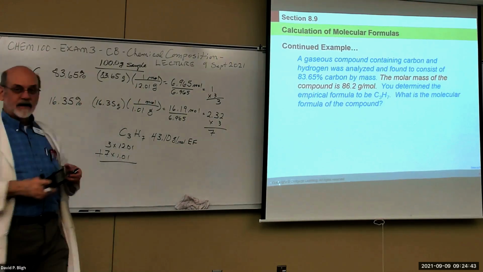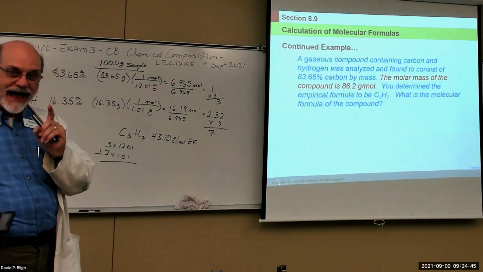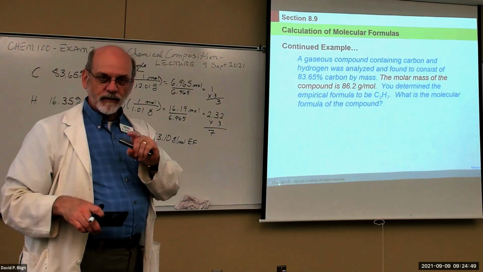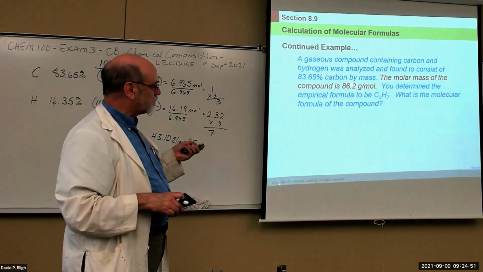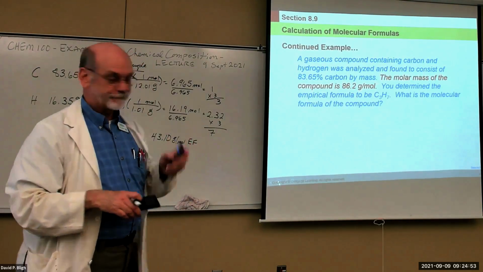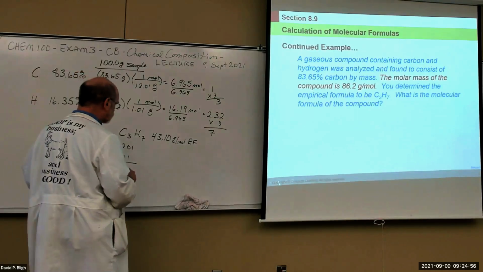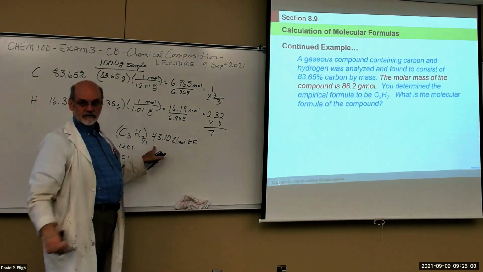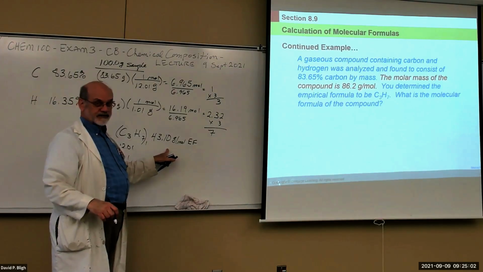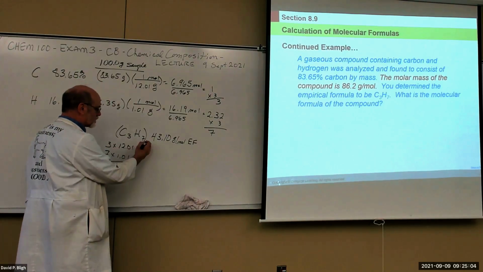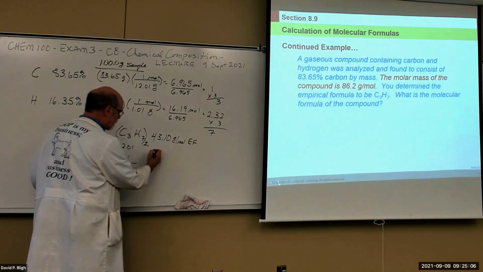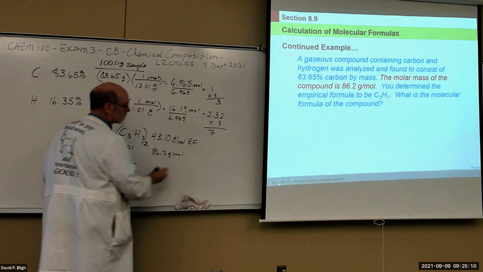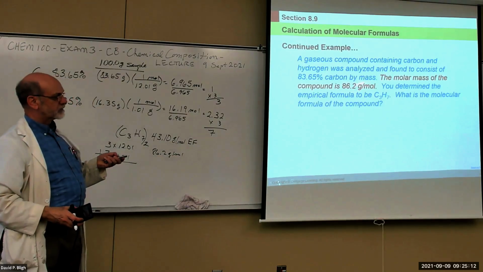Okay? But we're also told that the actual molecule has a molar mass of 86.2 grams per mole. So if our multiplier is 1, that value should be 43, but it's not. What if our value here is 2? Then it should be 86.2 grams per mole. That's what it is.